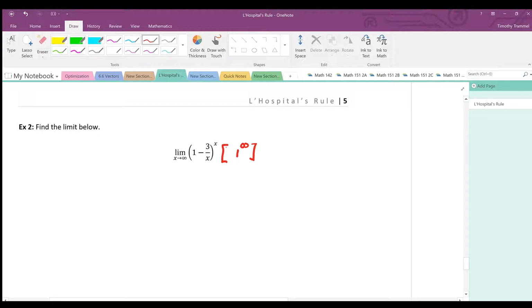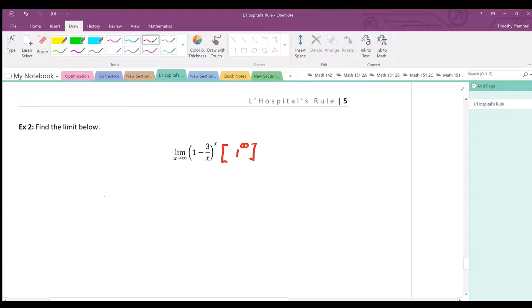The issue is that while each one of these individual limits is 1 and infinite, it really depends on whether we are approaching 1 quicker than we're going off to infinity, or vice versa, or maybe they're approaching things at a similar rate. We don't know, and so this is really indeterminate. We don't know what 1 to the infinity here is going to result in, and it won't always result in the same thing. So let's see here.